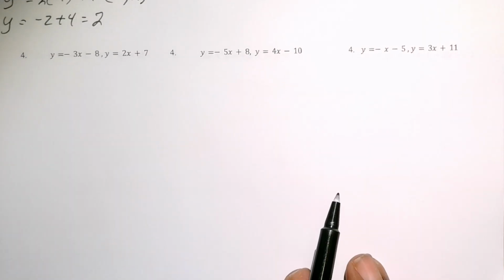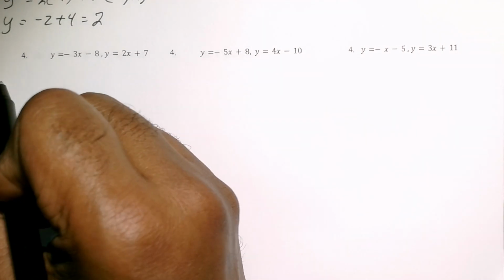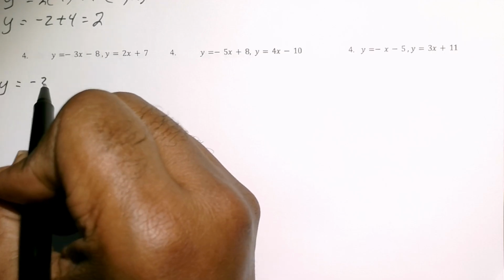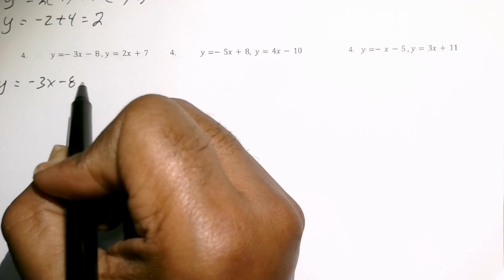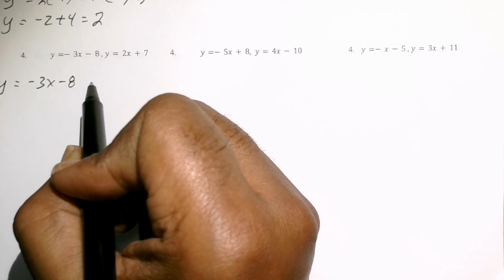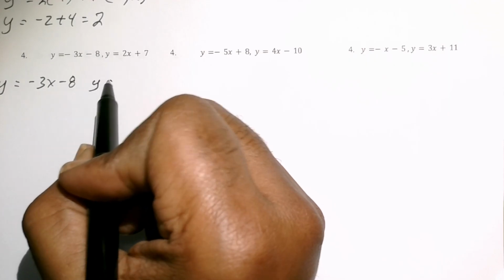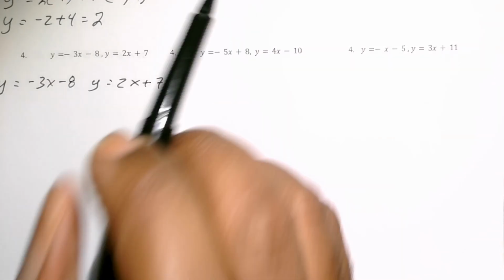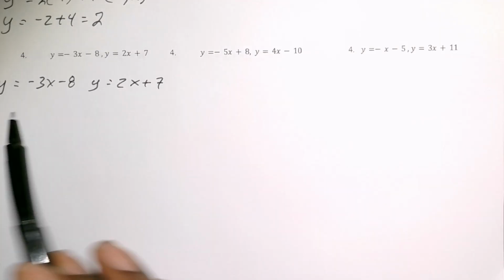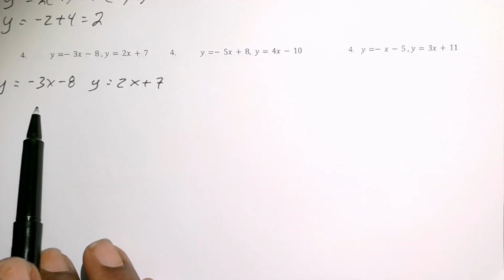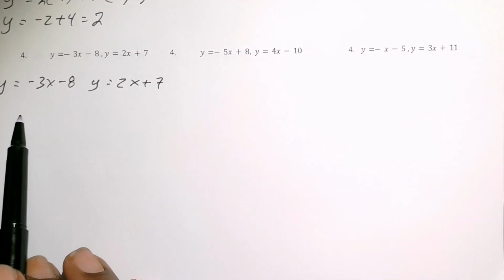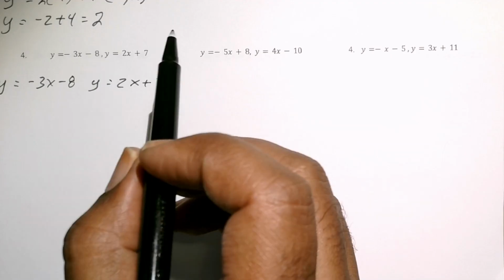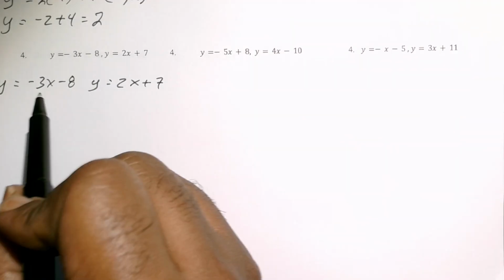Okay. Next, we have y equals negative 3x minus 8. And we also have y equals 2x plus 7. Now, you see we have isolation of y on both sides. So you can use either one of these for substitution. I'm going to use this y right here for substitution.